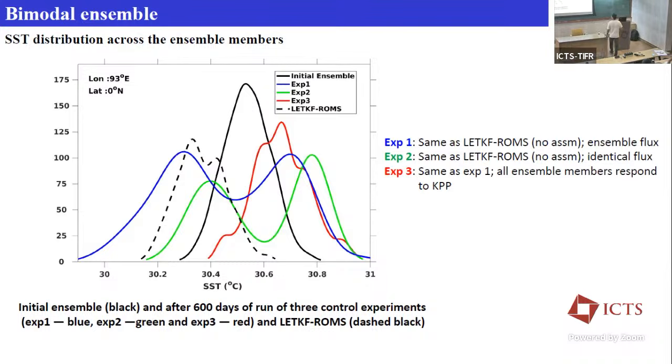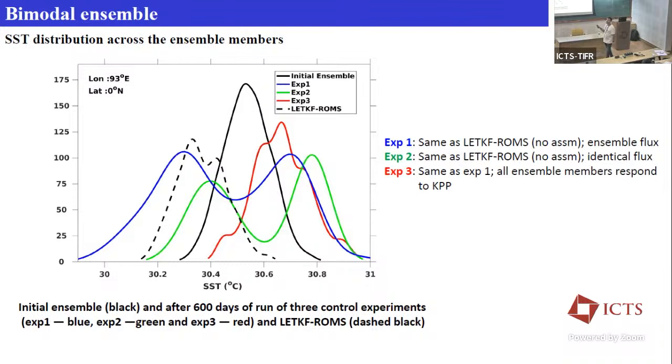As it turns out, after assimilation I am getting a distribution like this, not perfectly Gaussian, but close to Gaussian, this dotted black one. So it is not strongly constrained to be Gaussian, but it is kind of a weak constraint.